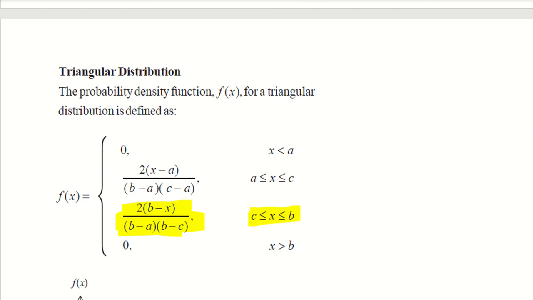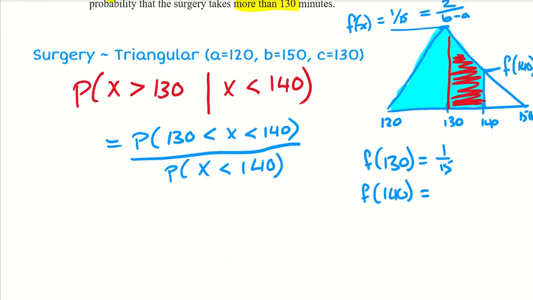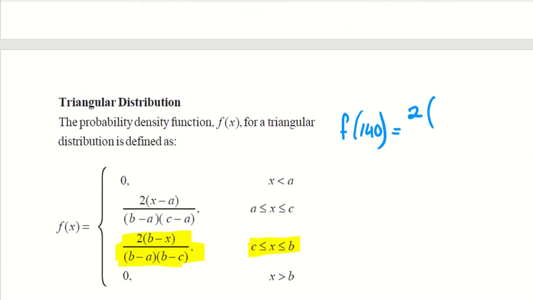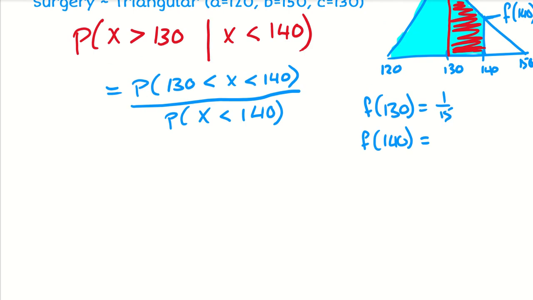Okay, so finding the height at 140 using that formula we've highlighted. So remember we've got that here, A is 120, B is 150, C is 130. So I can say 2 times B, my maximum, 150, minus X. Now what is our X value?